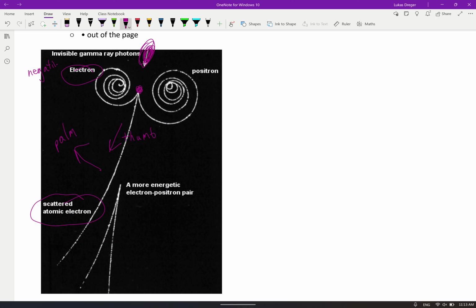So if we use our left hand, then the fingers are pointing into the page, which means if you shoot an arrow into the page, then the magnetic field would be using X's, and so it's going into the page. All right, and so you can see the positron is doing the opposite, so you'd use your right hand for that because it's positive.